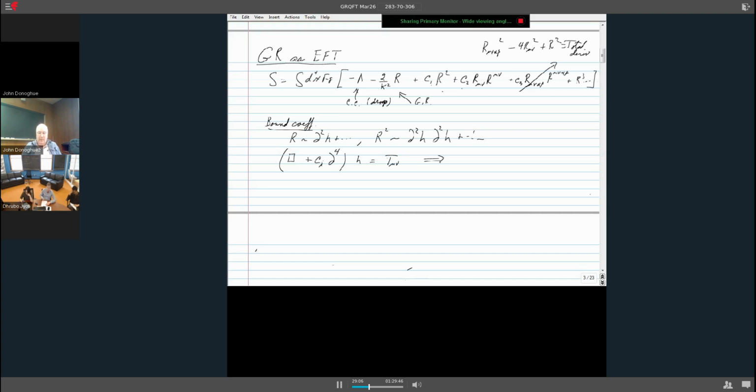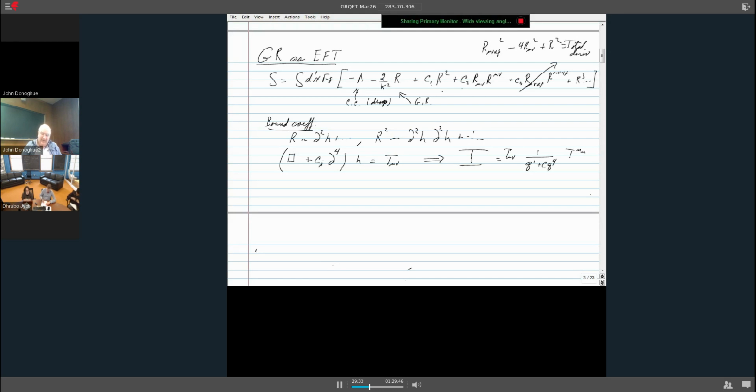And on the other side, you might have, so this is a modification of Einstein's equation by four derivatives.